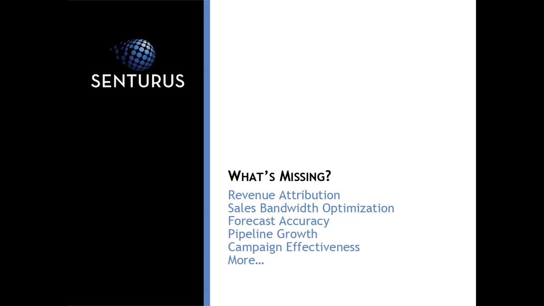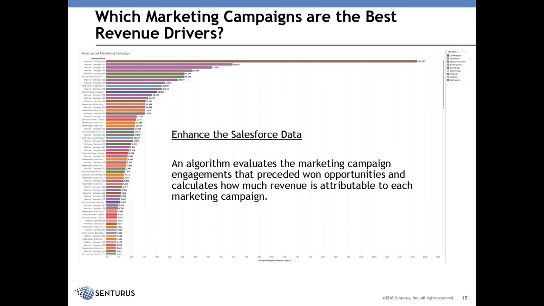So to be able to do these types of things, you have to pull the data into a database and then do the reorganization in there. Once you do that, you're going to have some fantastic capabilities. One of them, we've done a webinar on, we call it the Holy Grail of marketing analytics, and that's basically revenue attribution, of telling you which campaigns are the best revenue drivers.